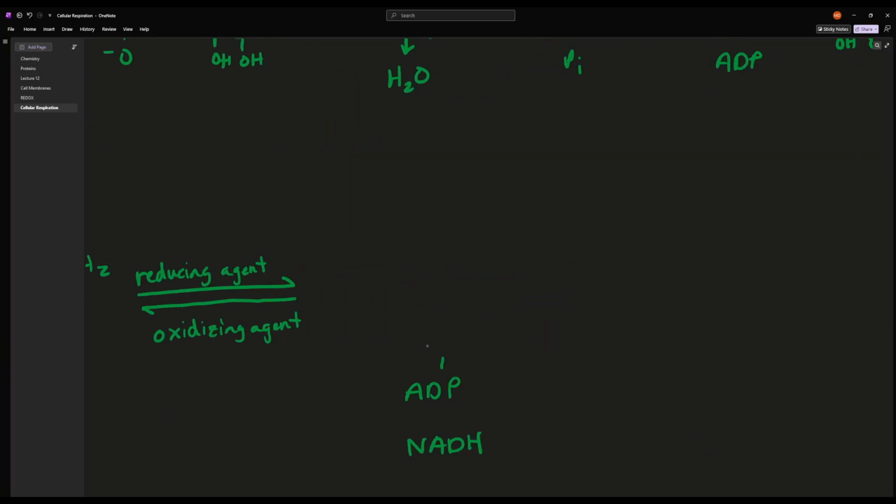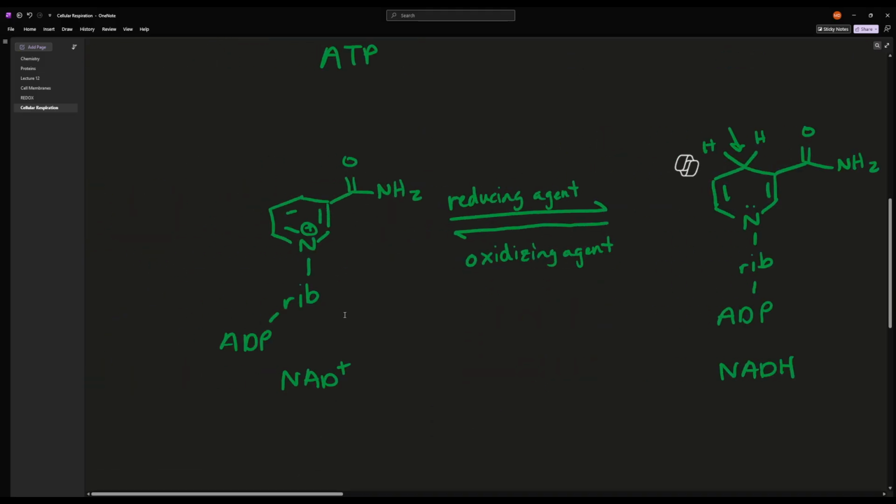So ADP, ribose, there we go. And what we end up with is this guy, where one of these carbon-hydrogen bonds up here is the one over here, and then the second one is the one we added from our reducing agent.